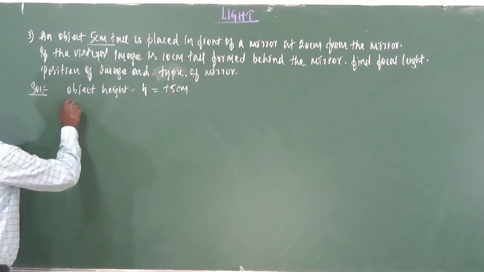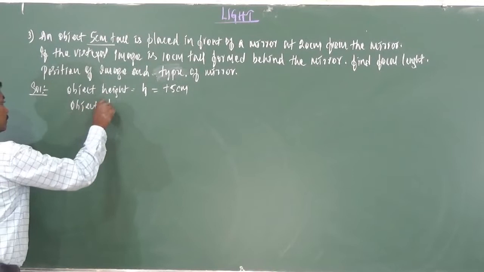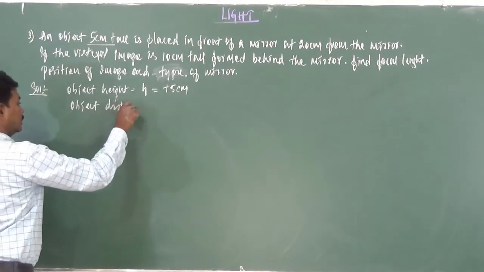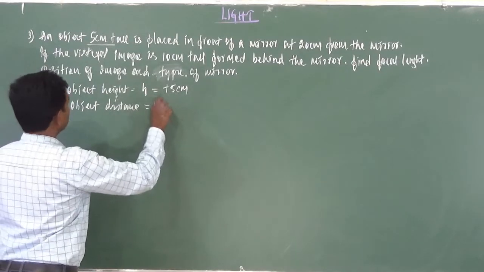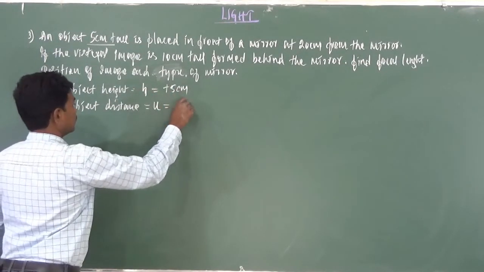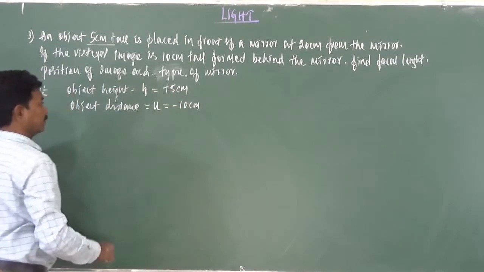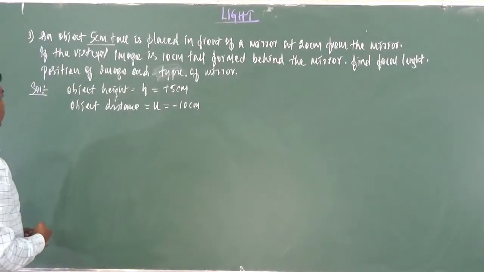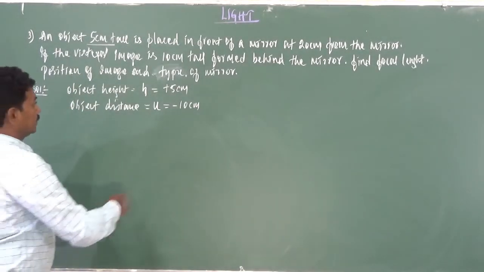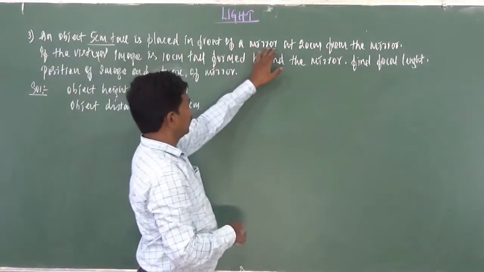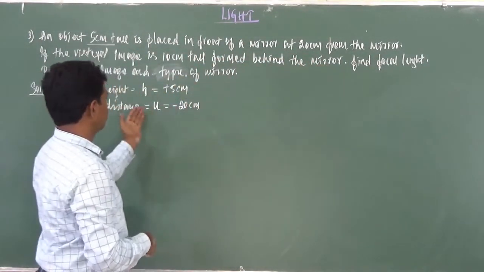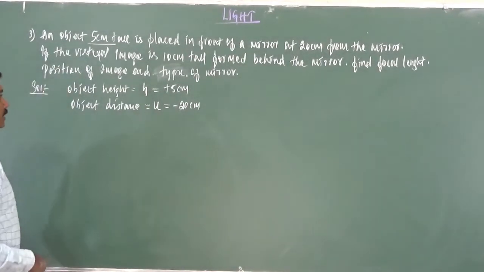So object distance, indicated by u, is minus 20 centimeters.